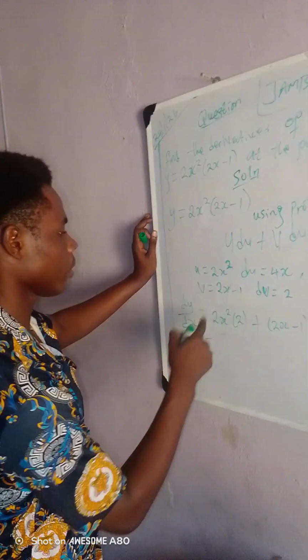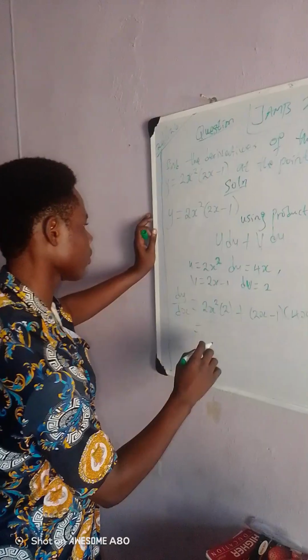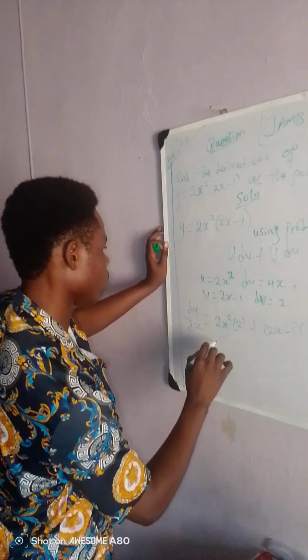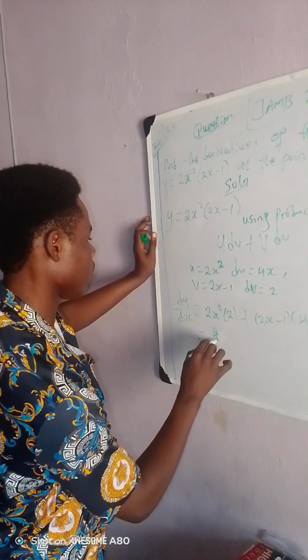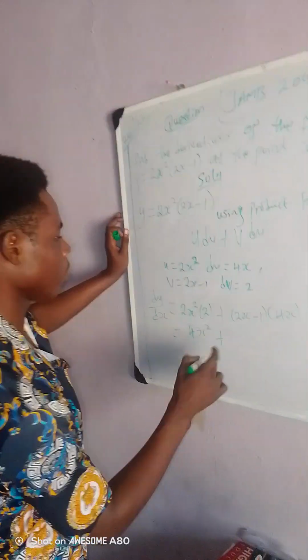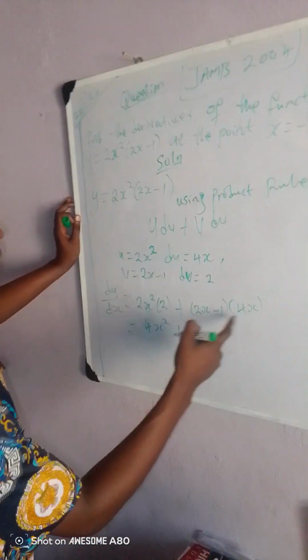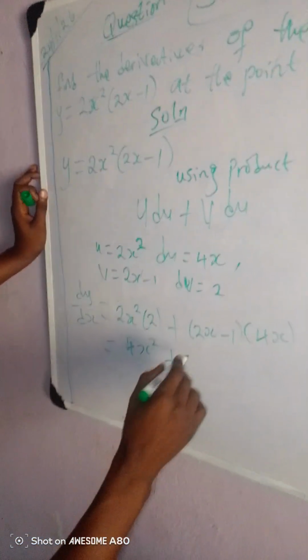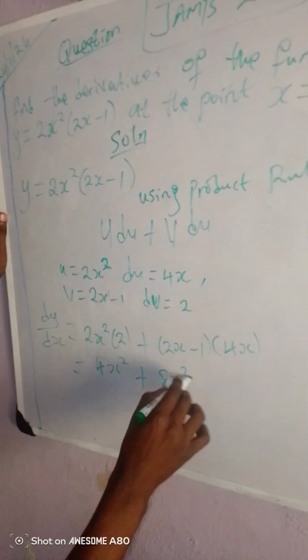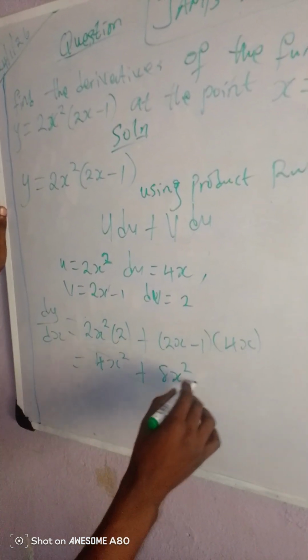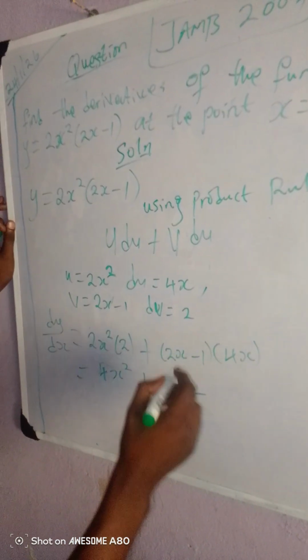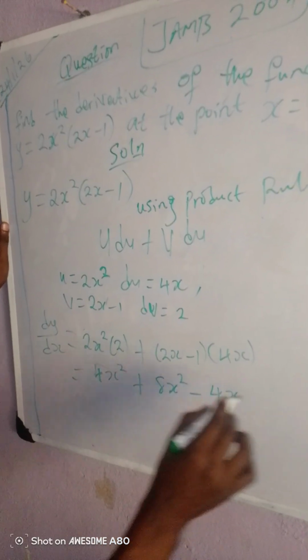Now, this multiplied by this will give you what? Will give you 4x squared plus, here, let's open this bracket. 4x times 2x. 2 times 4 will give you 8. X times x will give you x squared. Minus 4 times minus 1 will give you minus 4x.